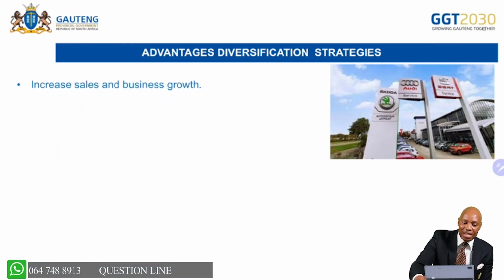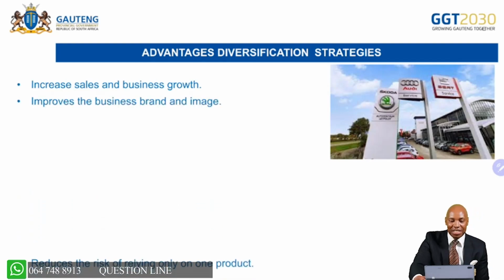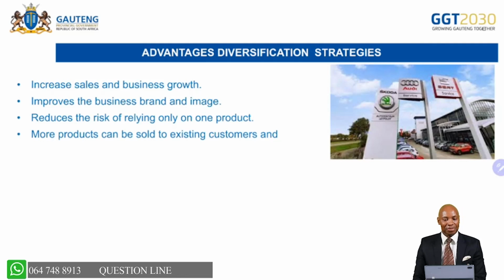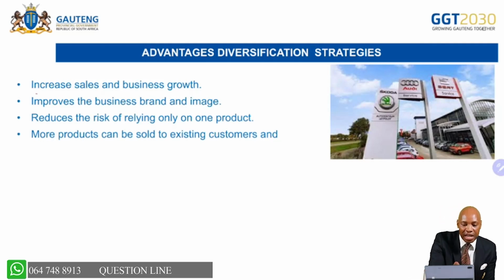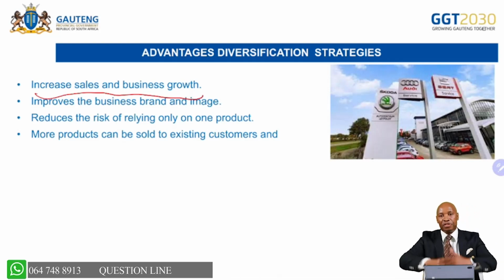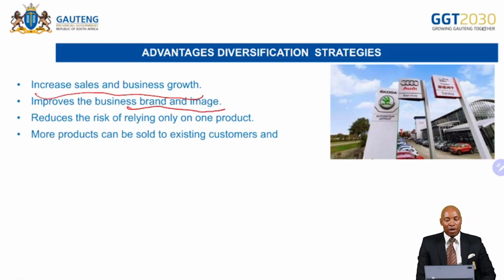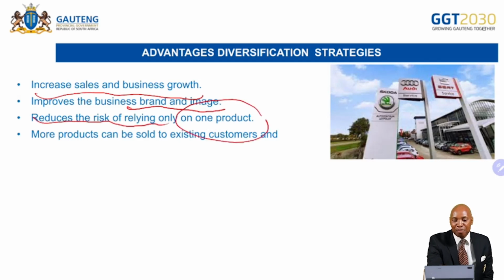Now, let's see what are the advantages of diversification strategy. You know what I like about this? It says it increases sales and business growth because we have differentiated the products that we are selling. It improves the business brand and image. It reduces the risk of relying on one product.